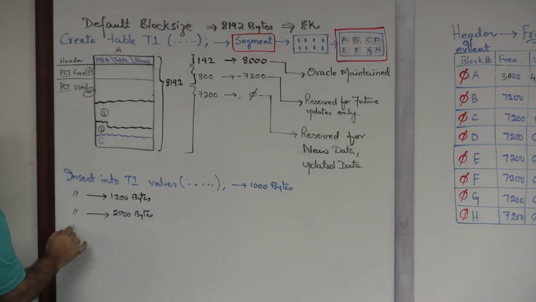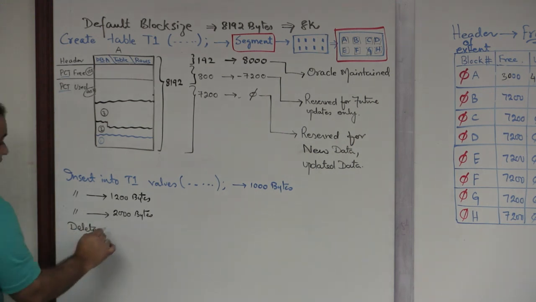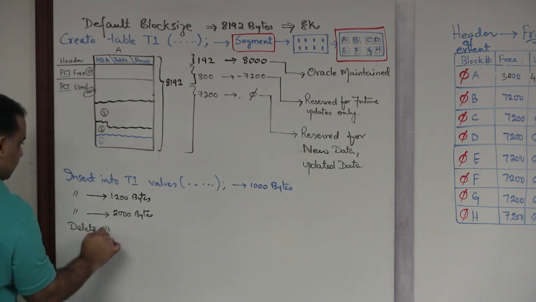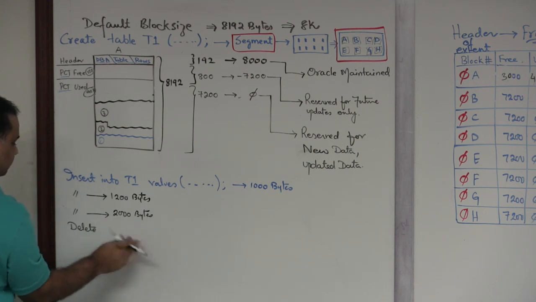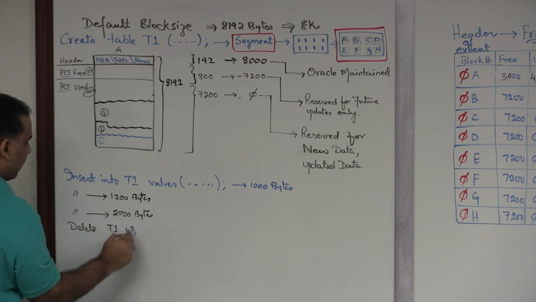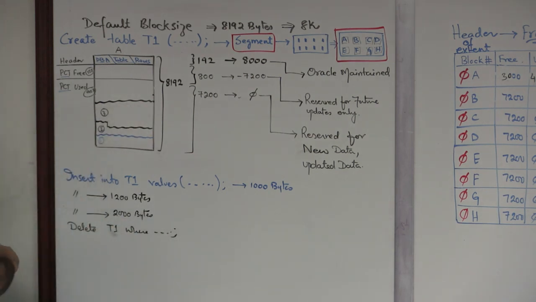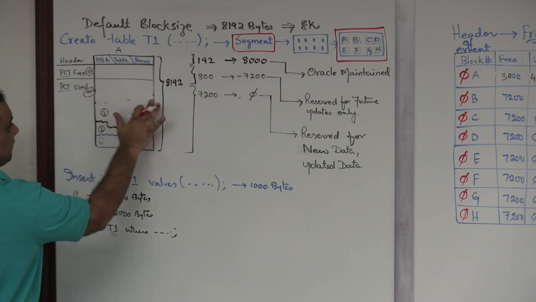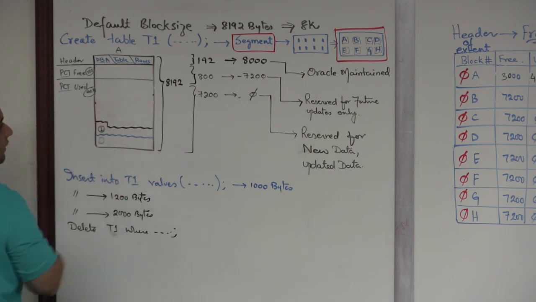Now the next one that it will say is, instead of insert, delete from T1 where whatever the values. So let's say the third row has to be deleted. Once the third row is deleted, the space is given back to the block. So the third row is gone.